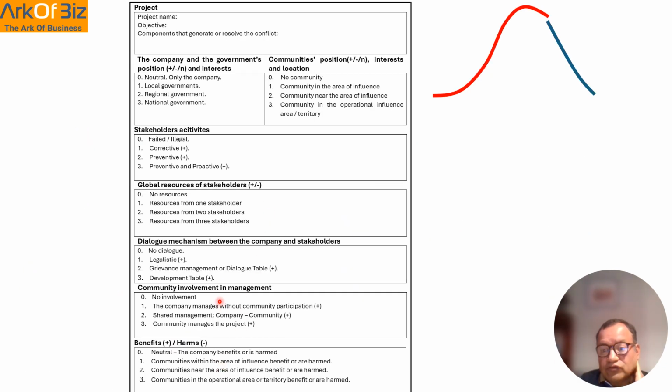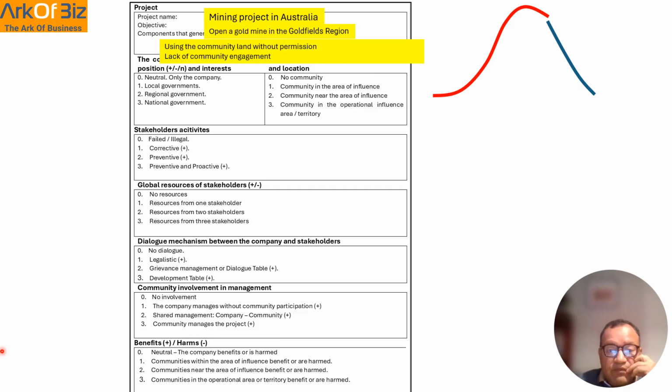Okay, now let's go to our case study. We have presented the case study in previous videos. We are in a mining project in Australia. The company wants to open a gold mine in the Goldfields region, and the components that generated the conflict were two: the company was using the community land without permission, and there was a lack of community engagement.